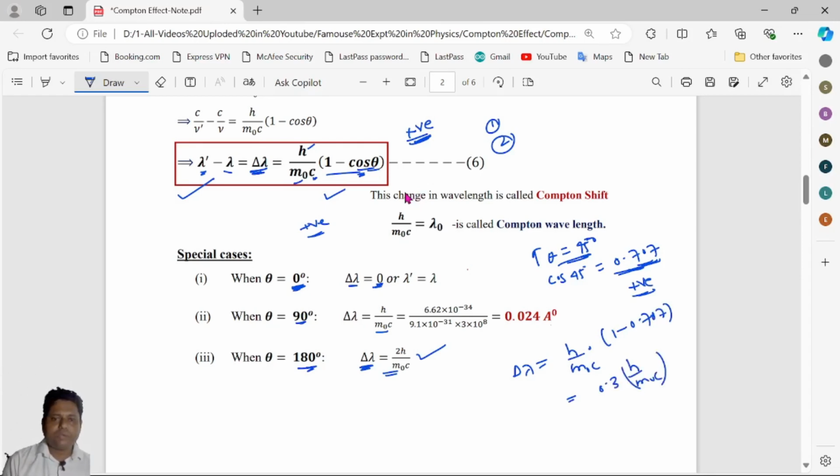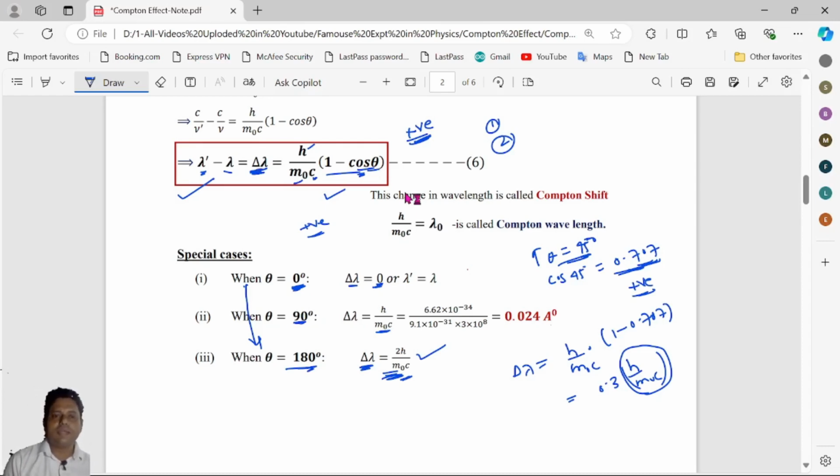If we consider 90 degree, then the value will be h by m0c. When we consider 180 degree, the value will be 2 h by m0c. So this del lambda value gradually increases with scattering angle.